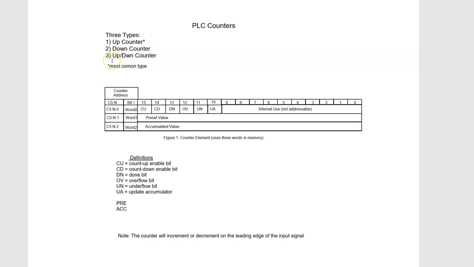This up-down counter, though, can you think of an application where you might use an up-down counter? Why would you want to be able to count up and count down? What would you use that for? Any idea? One example I think of for the use of the up-down counter is a parking garage.